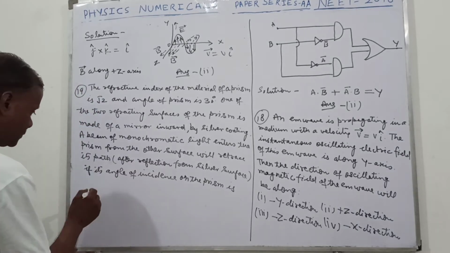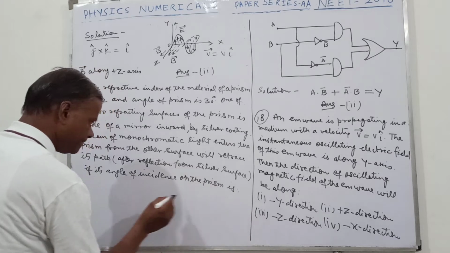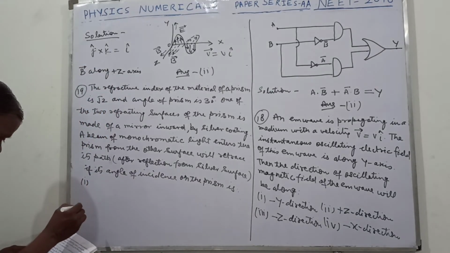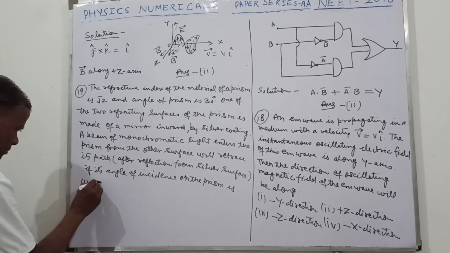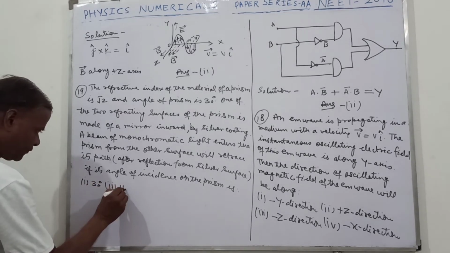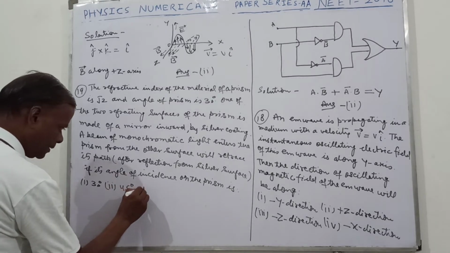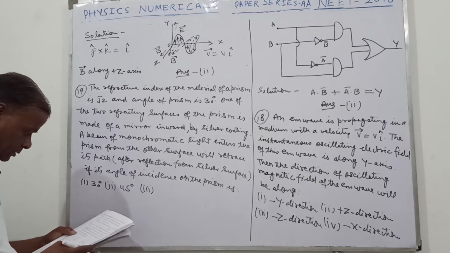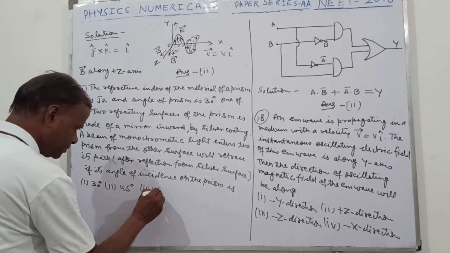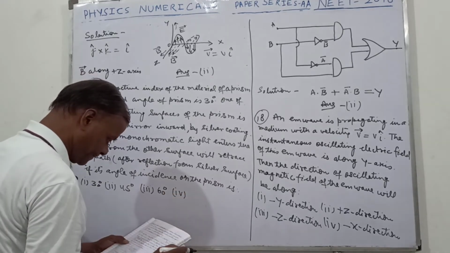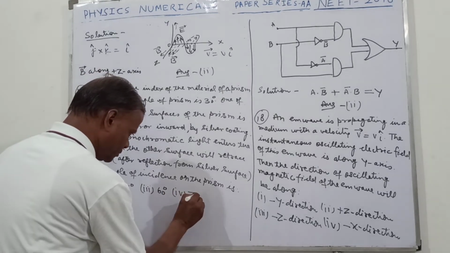now your options are: first option is 30 degree, second option is 45 degree, third option is 60 degree, and the fourth option is 0.